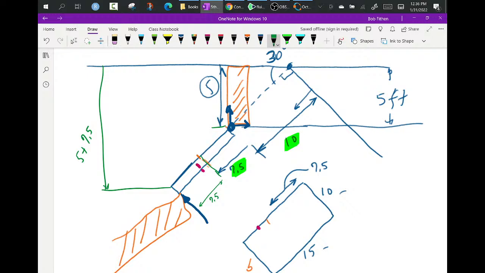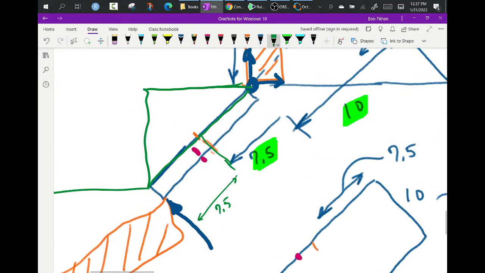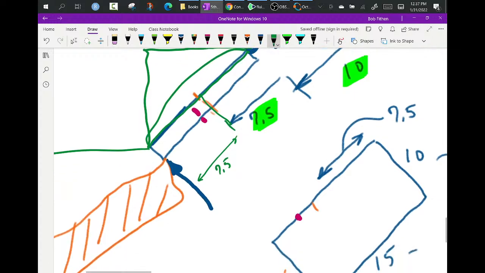Now, I have a triangle that looks like so, and so. If I took that triangle and drag it off here, first of all, when I bring it off, the distance from here to here is the 15 back here.